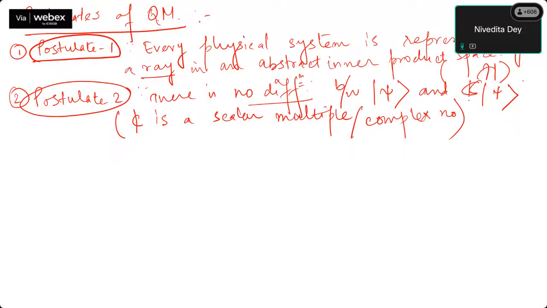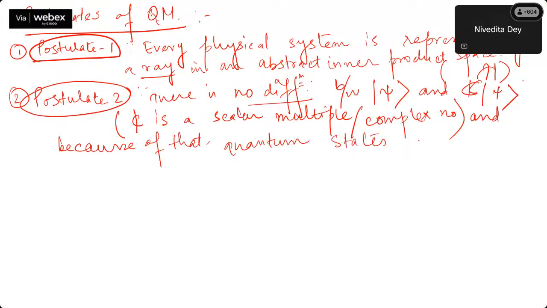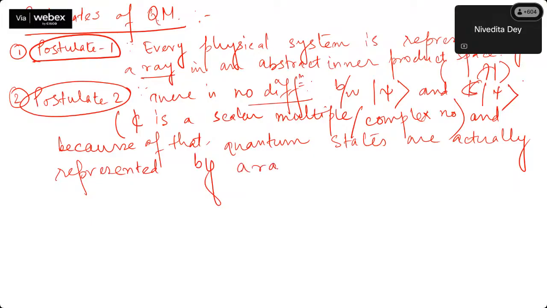And because of that, quantum states are actually represented by a ray in H, not a vector in H.